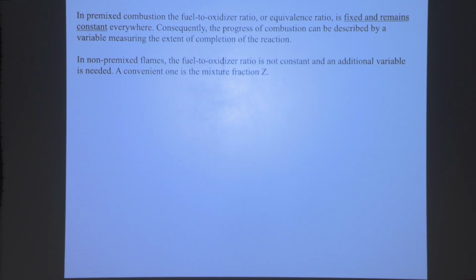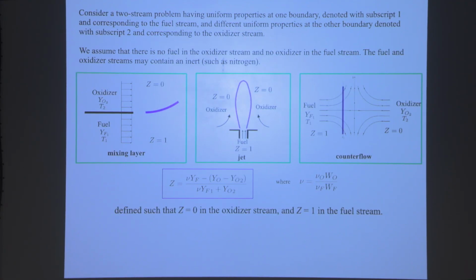As a result, the progress of combustion can be described by the extent to which the mixture is completely burned or incompletely burned. In non-premixed combustion, something can be used similarly, but it's not identical, as the equivalence ratio is this mixture fraction, Z. It's not the same, but can be related. And I'm not going to show that part, but I will talk about what the mixture fraction is.